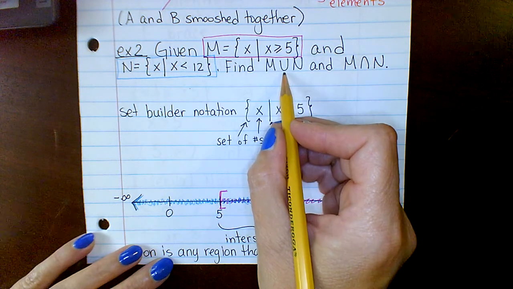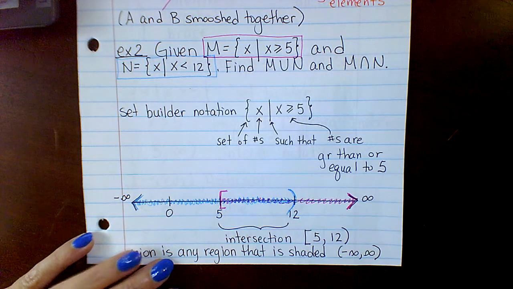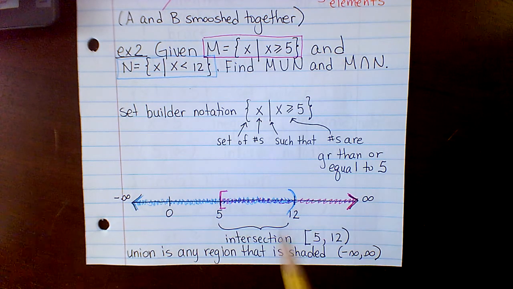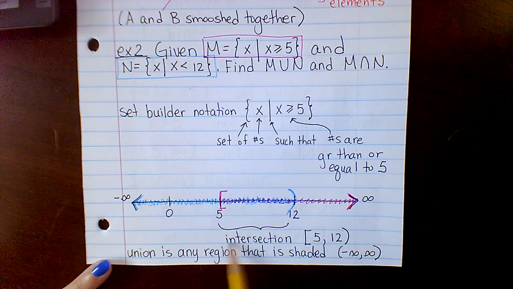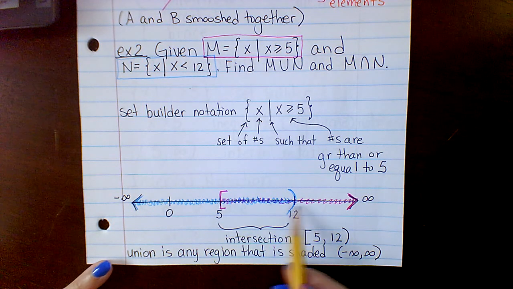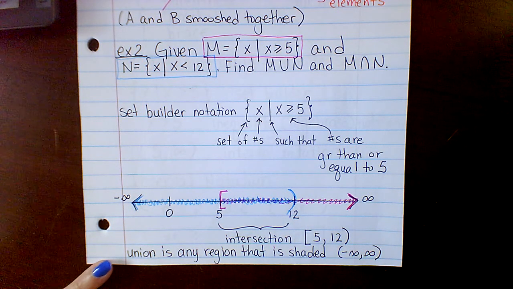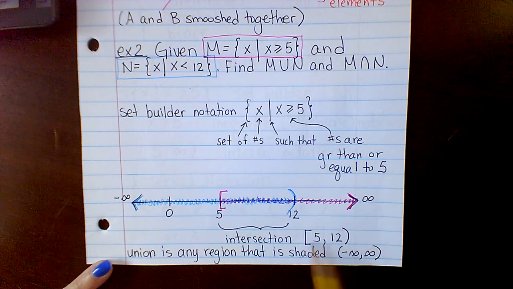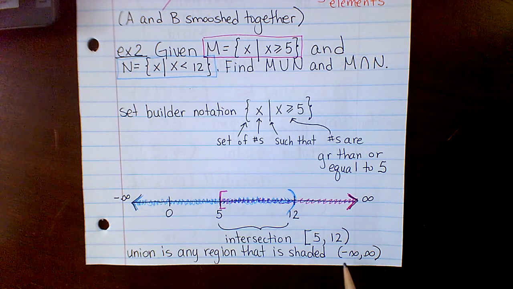So where is the union and intersection? Well, let me do the intersection first. The intersection is the overlap. So the intersection is anywhere that's shaded both red and blue. Well, that's this middle part right here, and that's everything from 5 to 12. The union is anything shaded, period.